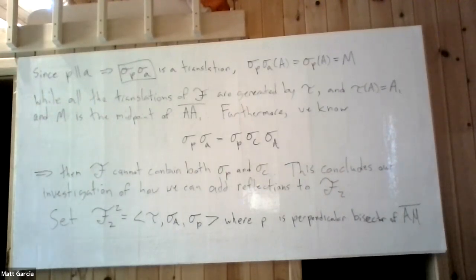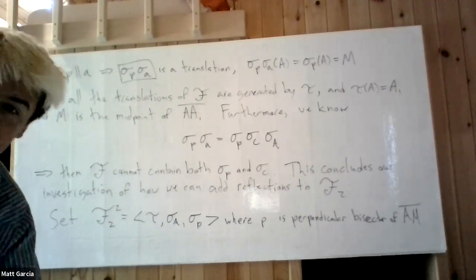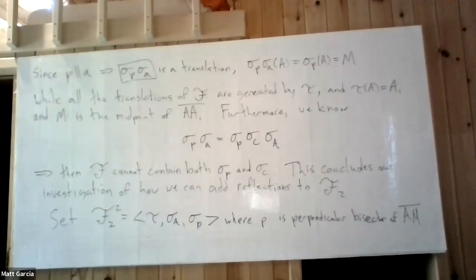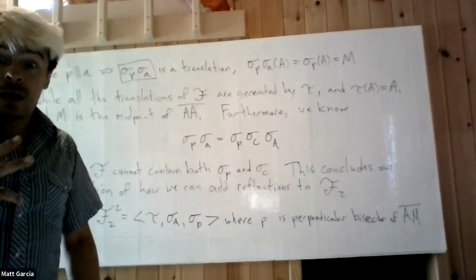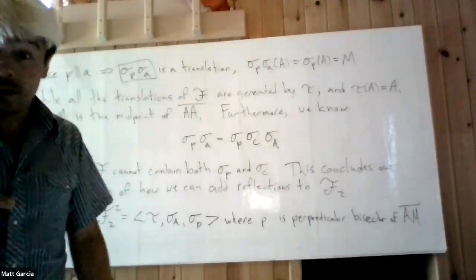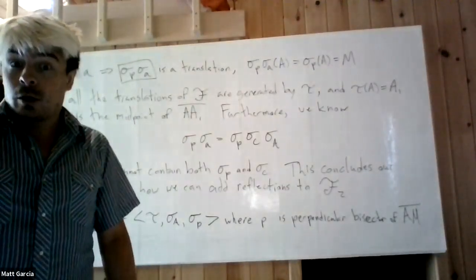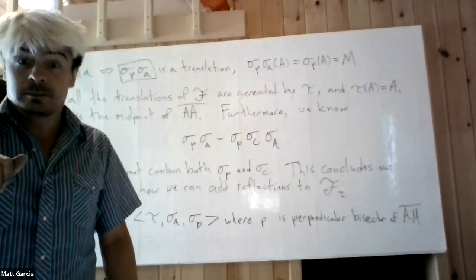Okay. So now I haven't said anything yet explicitly about glide reflection. Right? But remember that we characterized glide reflections as a product of either a reflection and a half turn or a half turn followed by a reflection.